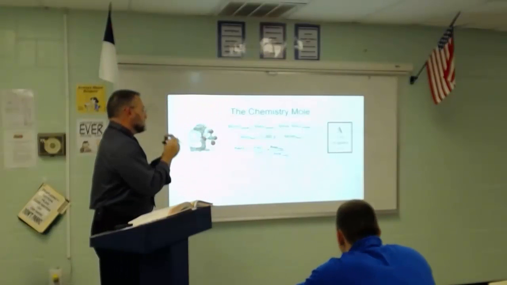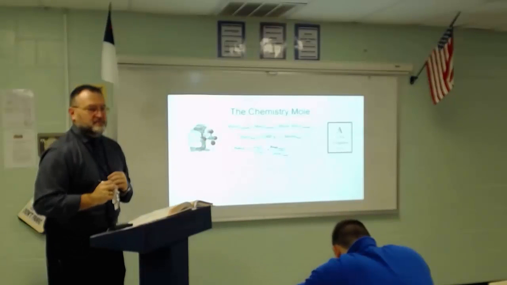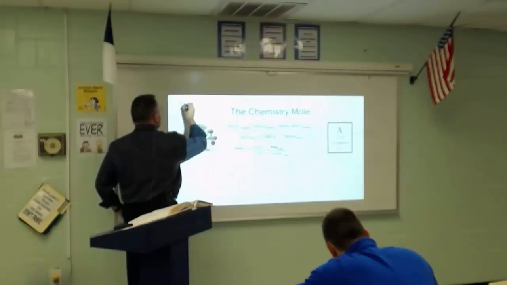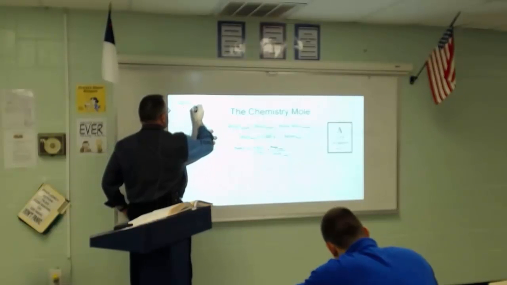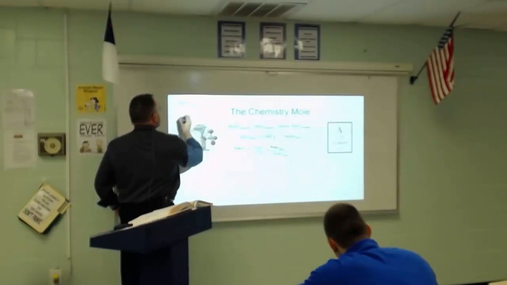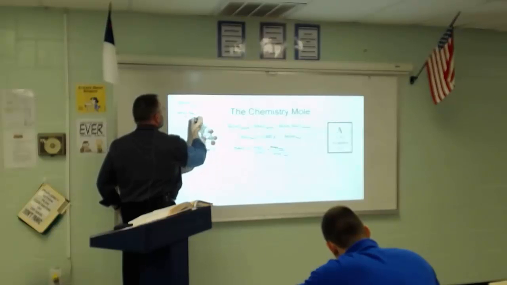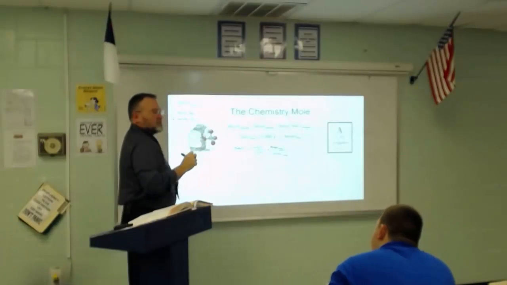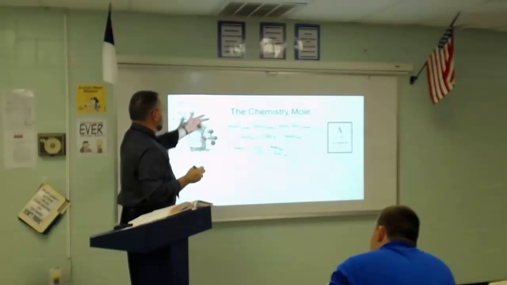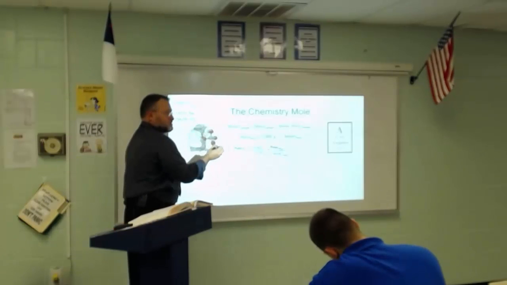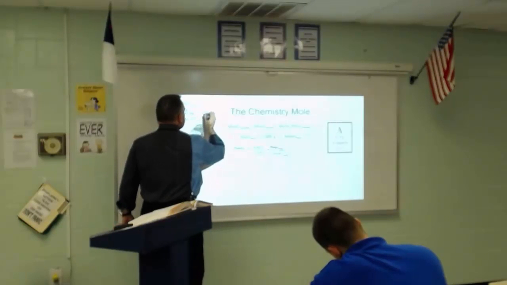What is the molar mass of sodium chloride? Let's do it over here. The molar mass of sodium chloride is equal to the molar mass of sodium plus the molar mass of a single chlorine atom, right? We have 1 and 1. So what's the molar mass of sodium? 23.0.